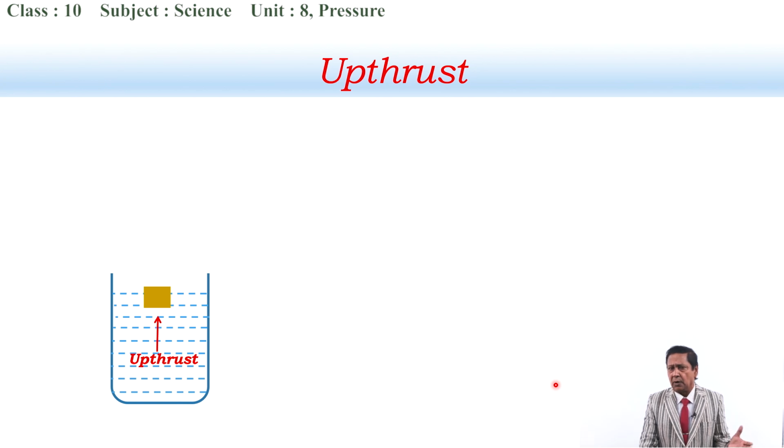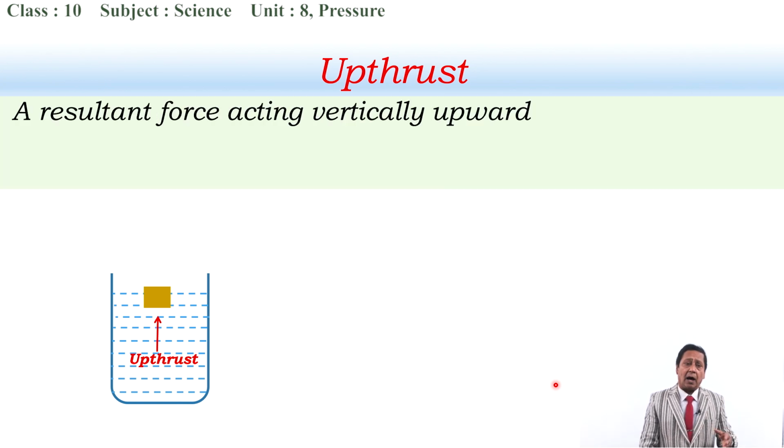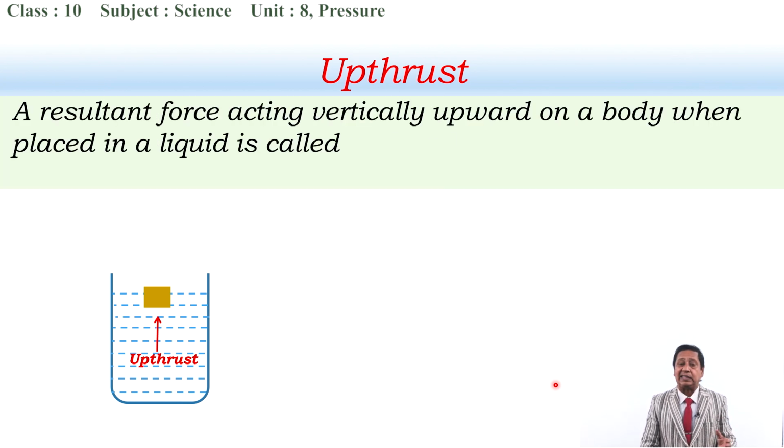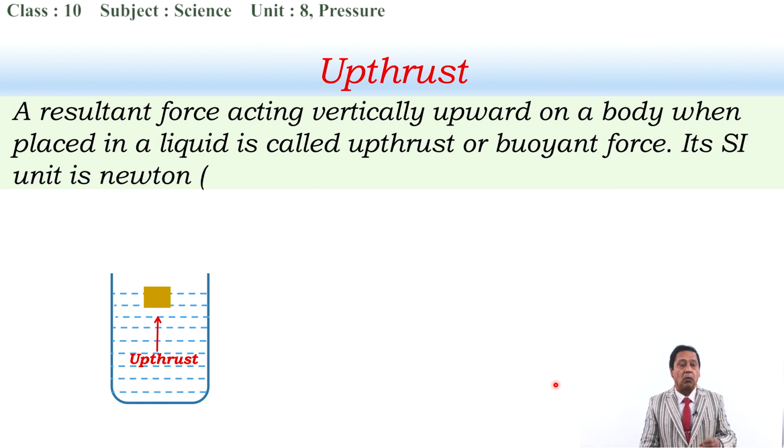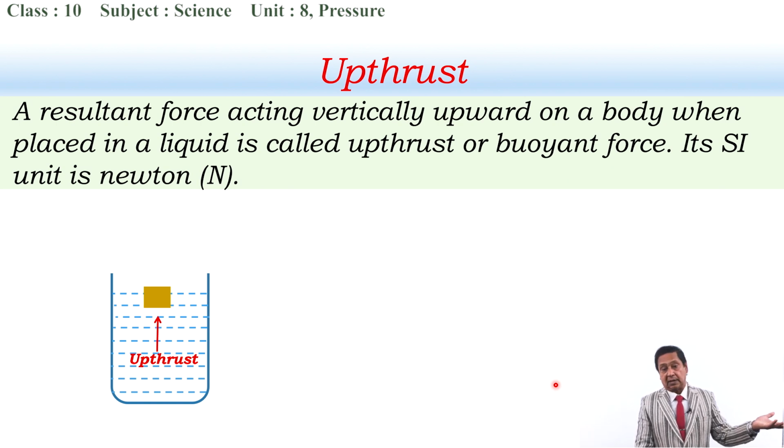And so we can define upthrust this way: a resultant force acting vertically upward on a body when placed in a liquid is called upthrust or buoyant force. Its SI unit is Newton. Since it is a force, that's why it is measured in Newton. Have you noticed this? It is called a resultant force.